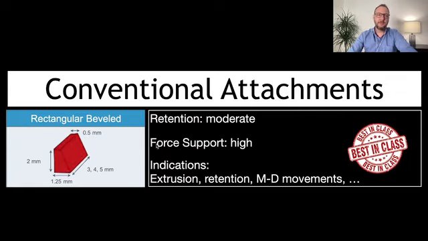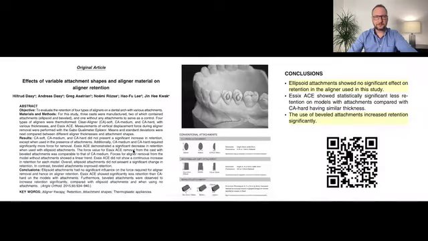And for the force system it is the best one. We can have the biggest surface possible working against the force direction, okay? So you can use it for extrusion, retention, mesial and distal movements, pretty much all the movements that you can use the other for, you can also use this one, okay?